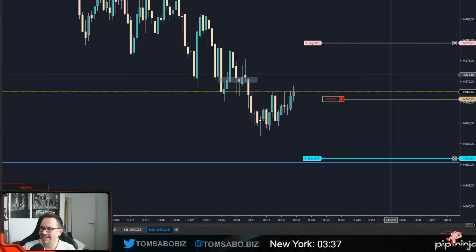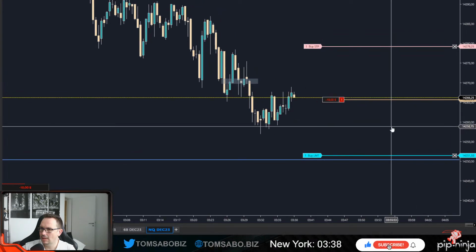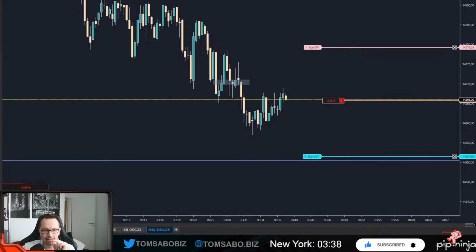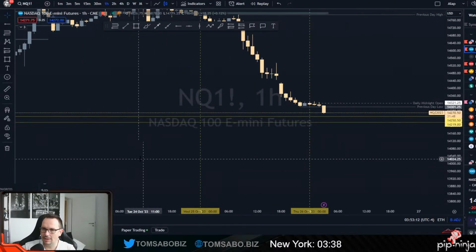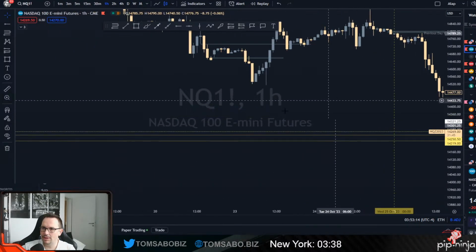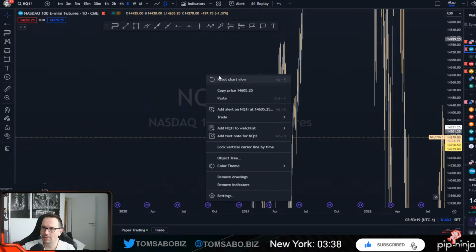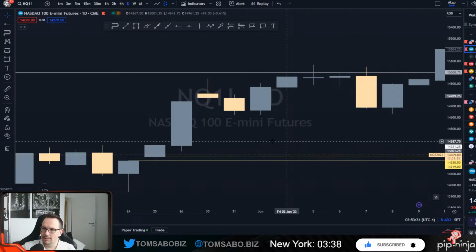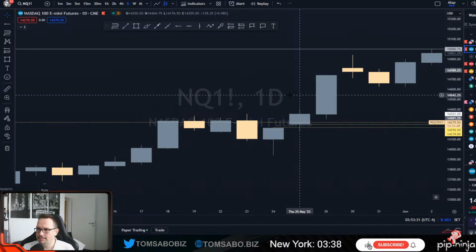Let's wait and see. So this level on NQ, I'm gonna show you guys. This level on NQ is based on what? Sorry, but I don't have the data feed right now coming to my TradingView account. I don't know what the hell is going on. So that was NinjaTrader. This level is based on the 25th of May this year.